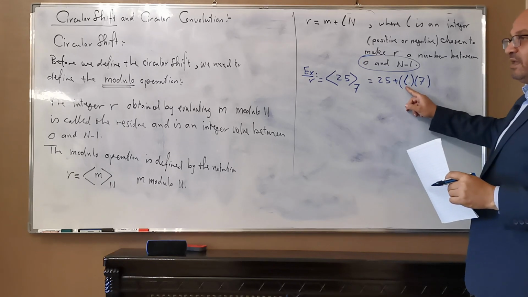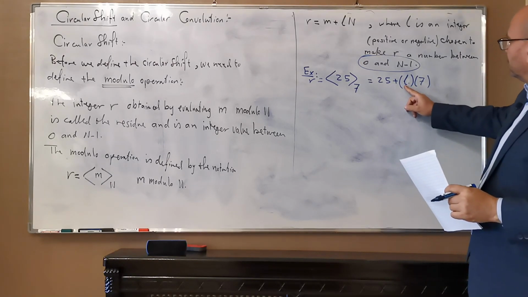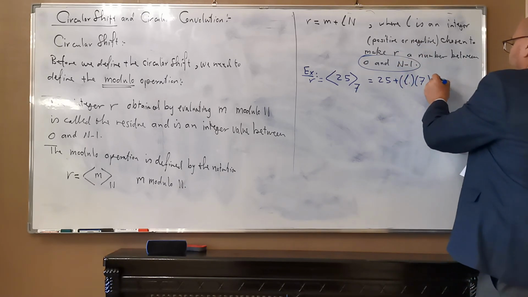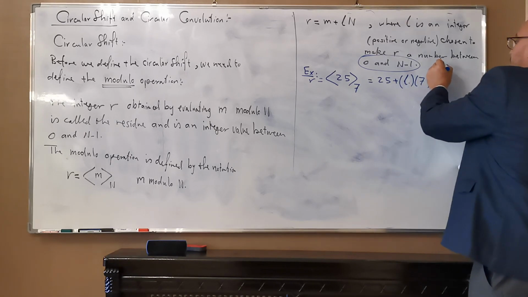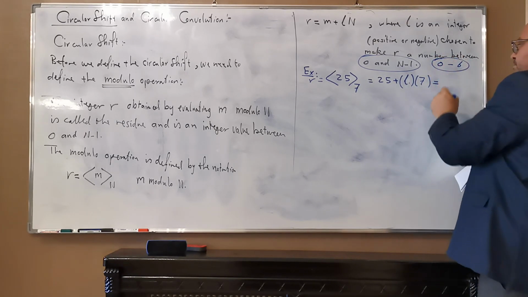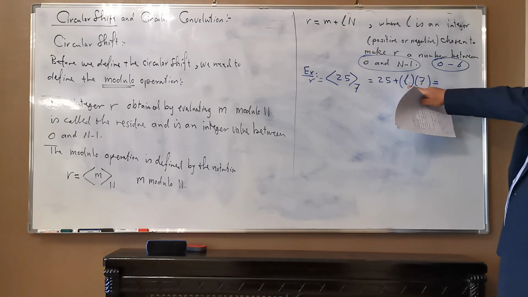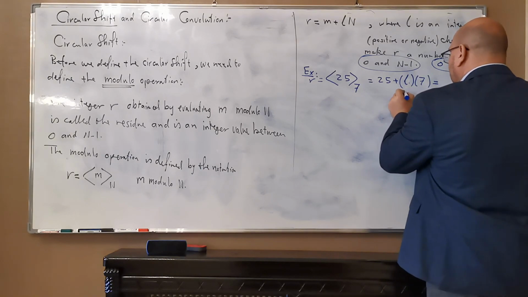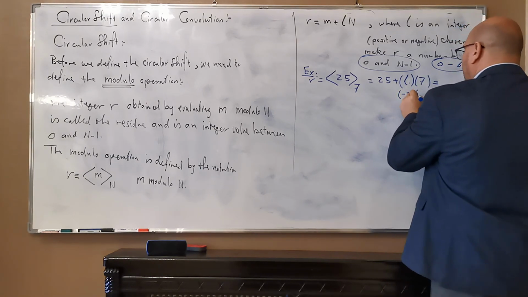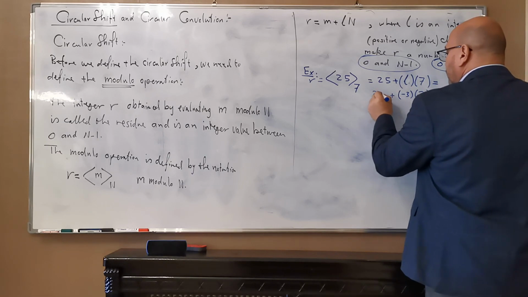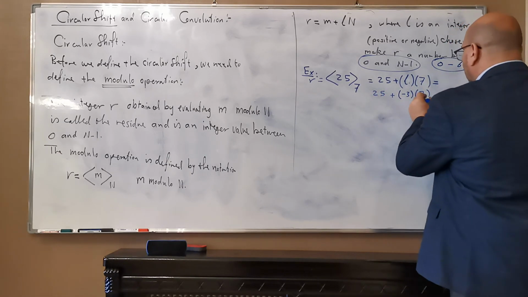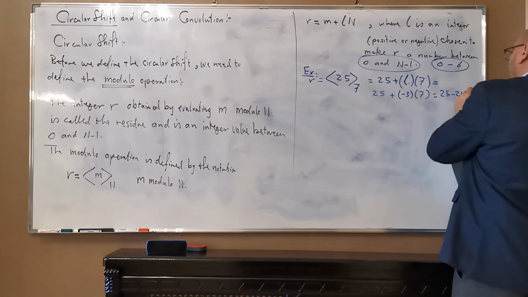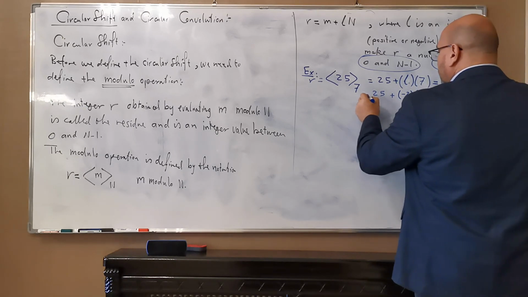What is the only L, positive or negative integer, such that the end result is a number between 0 and 6? If we choose minus 3 times 7, then 25 minus 21 equals 4. So r is equal to 4.